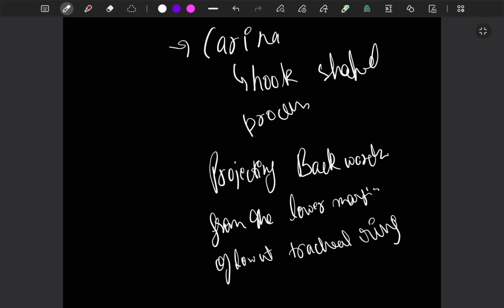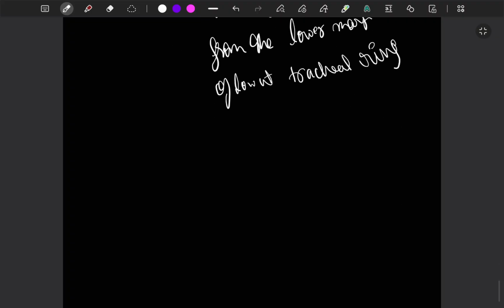Alright. And it helps to divide trachea into two primary bronchi.